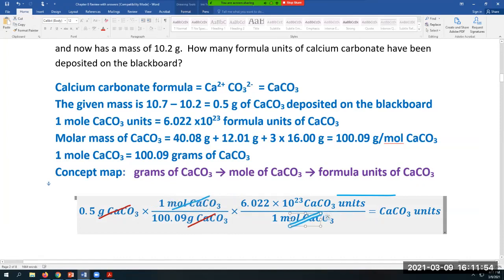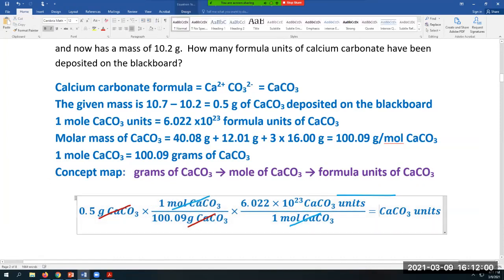So in the calculator, you do 0.5. So I like to multiply all numerators together. So 0.5 times 1 is not necessary, times 6.022. And then make sure you use the scientific notation here. So use the second function of the x minus 1 key if you use the TI 30X IIS.